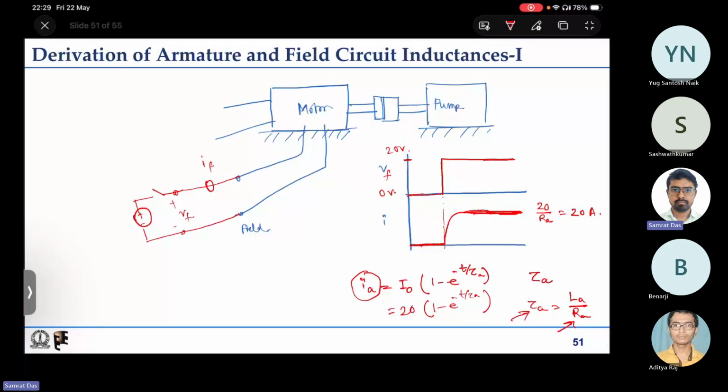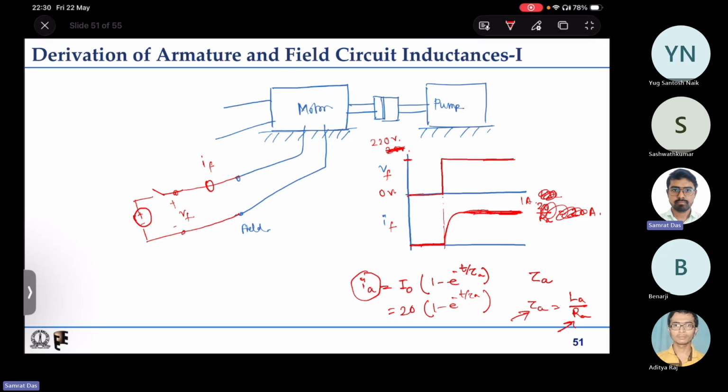Similarly, if this is Vf and If, say we apply 220 volts, the rated value, in step, and If similarly will have a step jump to, say, 1 ampere, depending on the Rf value. The final steady state value is well known, but there will again be a first order type of response.